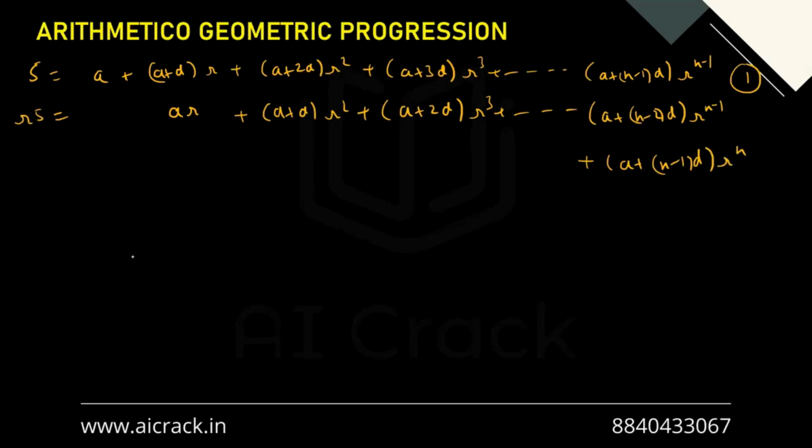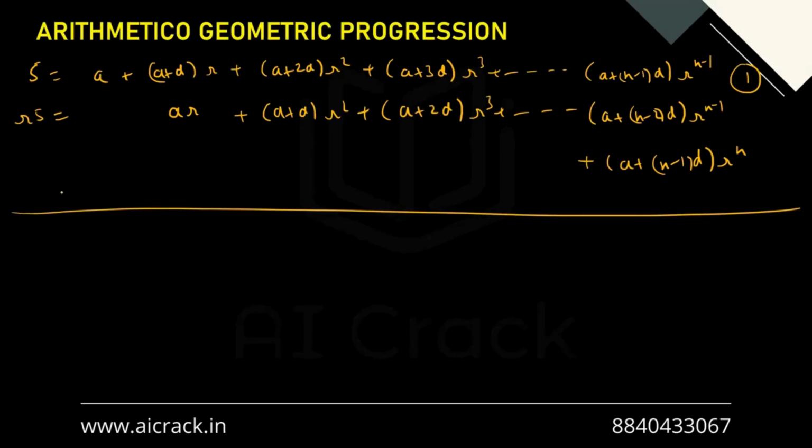Okay. Now we have to subtract both of them. So we'll be getting S times (1 - r) equals to, this would stay as it is because we don't have a corresponding pair over here, right? Plus, if we subtract this from this, what we'll be getting? We'll be getting dr, right? Over here, we'll be getting dr². Over here, we'll be getting dr³.